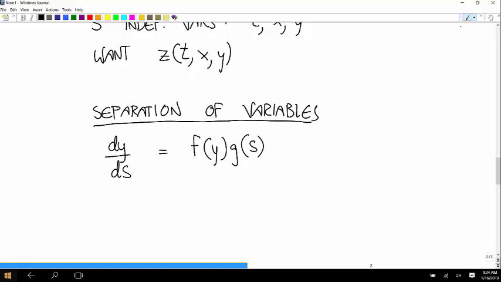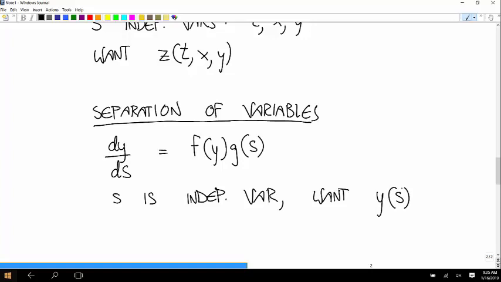In this class, our underlying independent variable, so in this case, s is a single independent variable, and we want to find the function y of s.